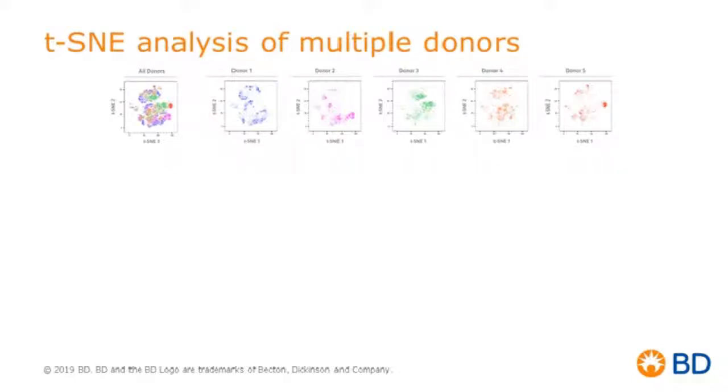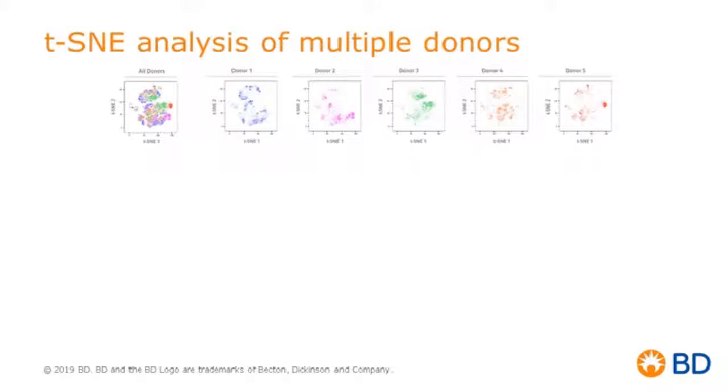So what we can do, and this is analysis that is performed in FlowJo, when we look at all donors, the first plot on the left is coming from a concatenated file. It means that we have merged the files from 5 individual runs and 5 individual donors into a single file.